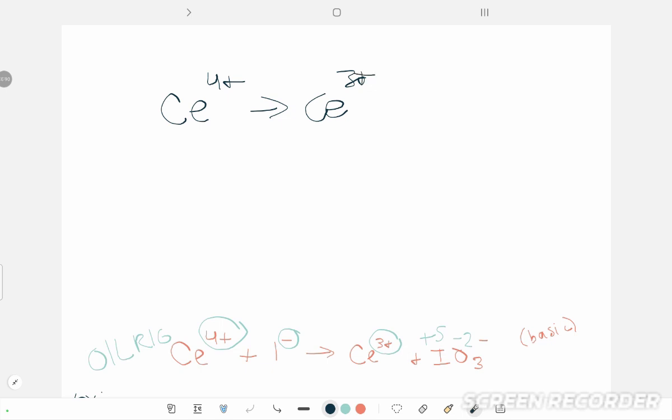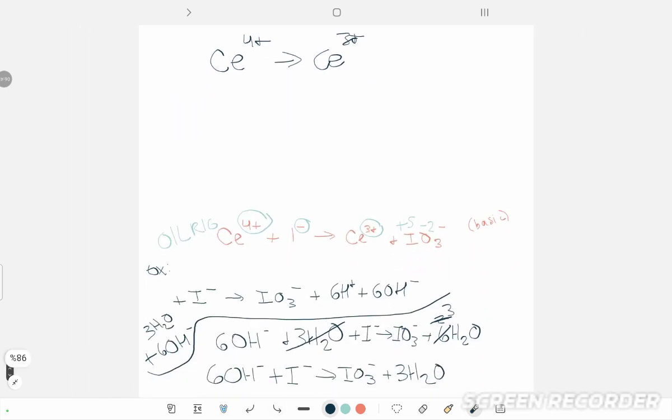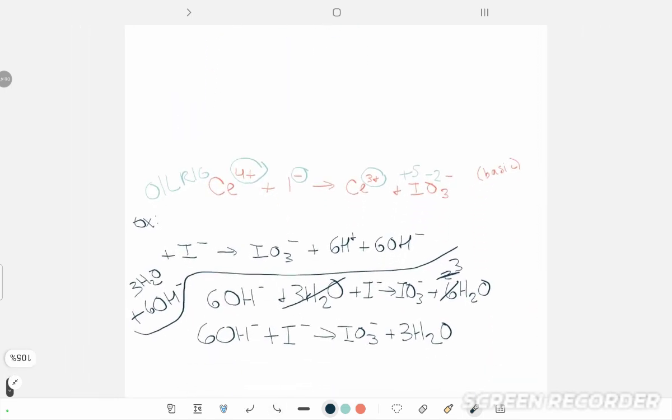This one's pretty easy. There's nothing else to balance. Now is when the electrons come in. So for down here, our electrons, it went from -1 to +5. Just gonna write this out again. -1, +5, you can see it up top there.